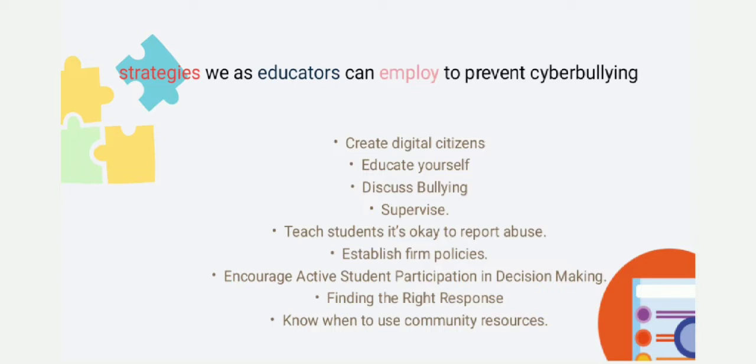Fifth strategy is to teach students that it's okay to report abuse. Students need to know that they should report abuse. Every student should be encouraged to report instances or evidence of cyberbullying to a teacher, counselor, or any other staff member. We as teachers can set up an anonymous reporting system so that youth can inform school officials of a problem without fear of repercussion.